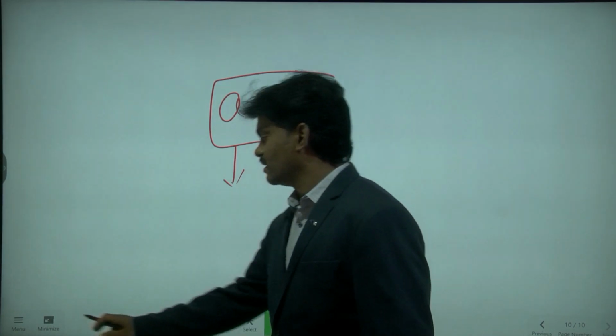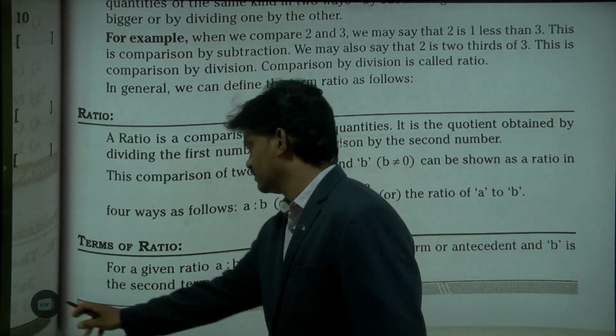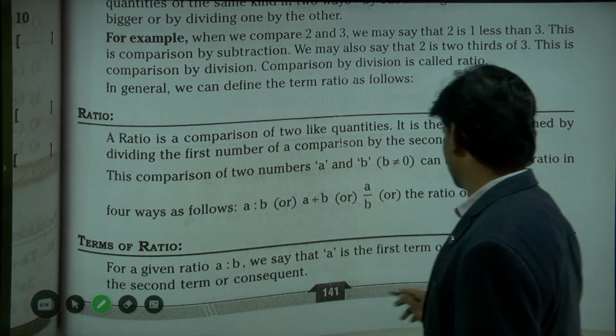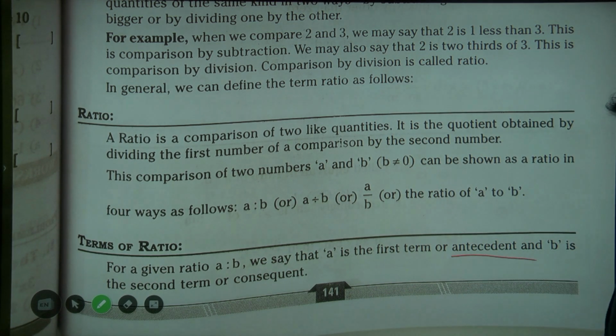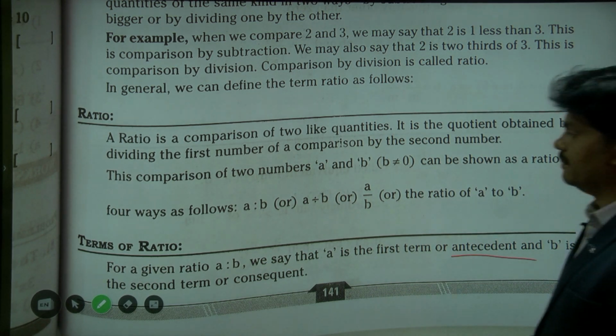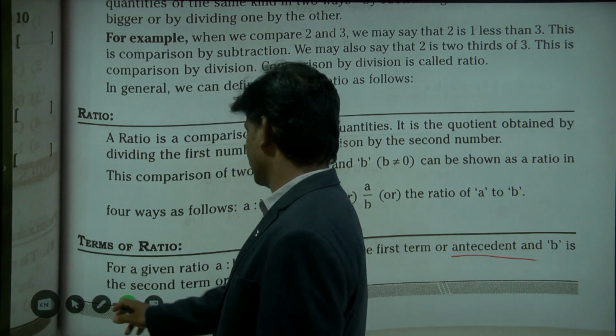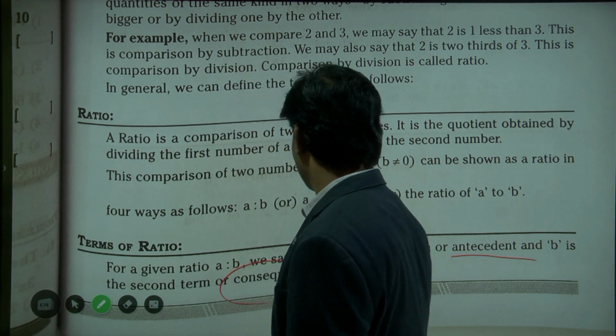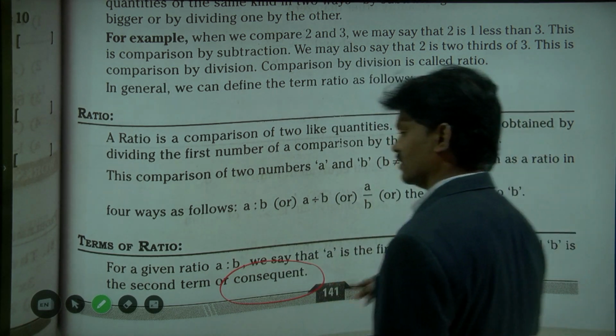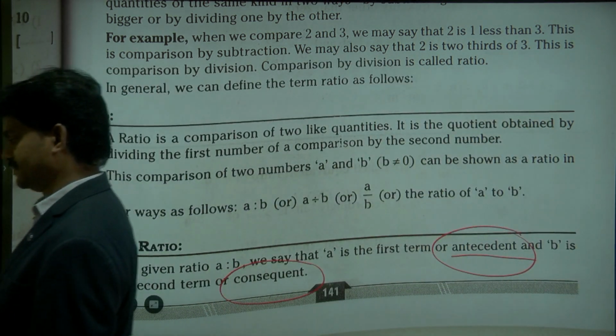A is called antecedent, A-N-T-E-C-E-D-E-N-T, and B is called consequent. Antecedent and consequent.